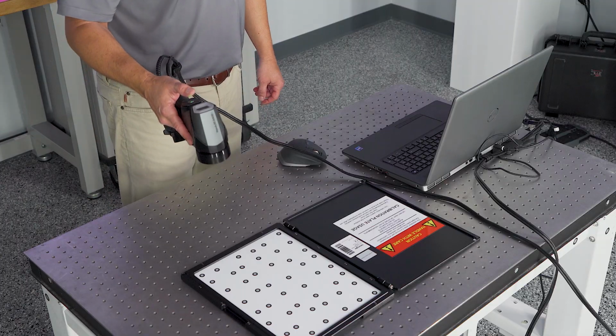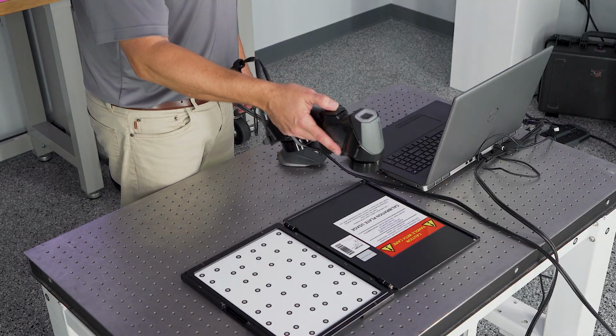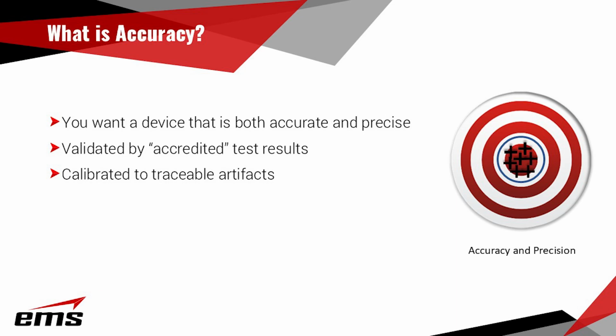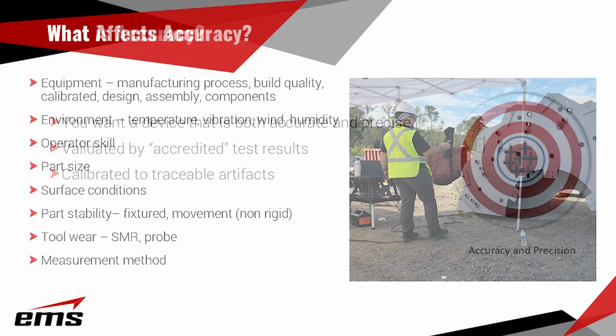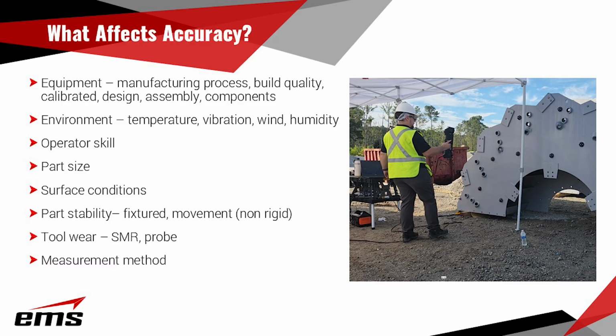And that system is calibrated to traceable artifacts. So that's really a summary of what accuracy is. It's the combination of being able to measure something accurately, with the right result, and do it over and over, basically that repeatability.